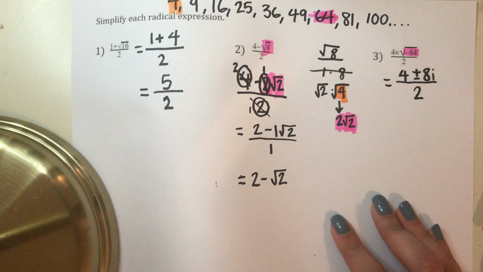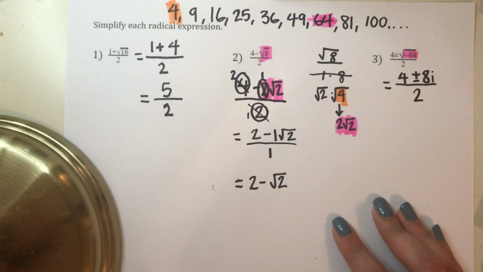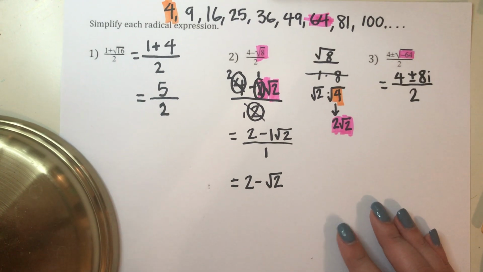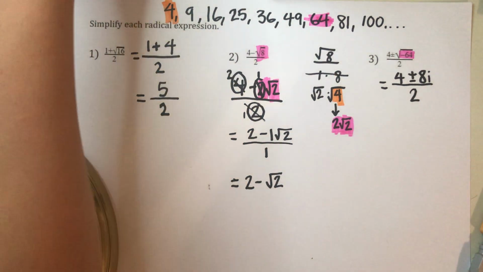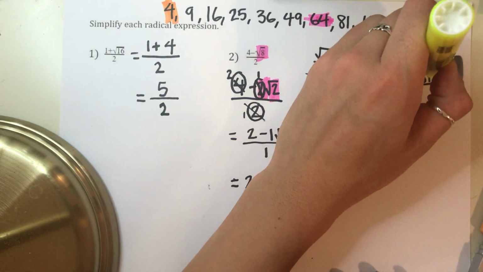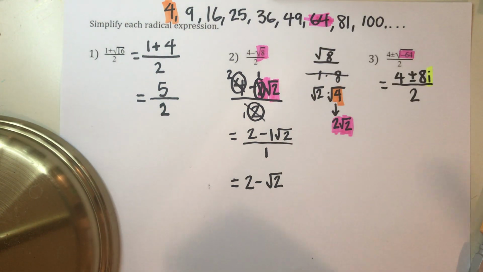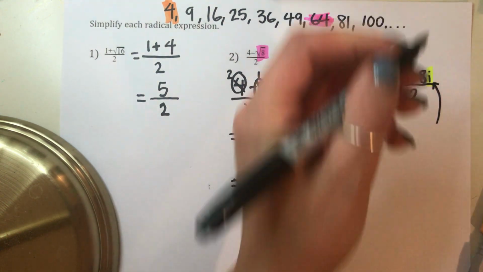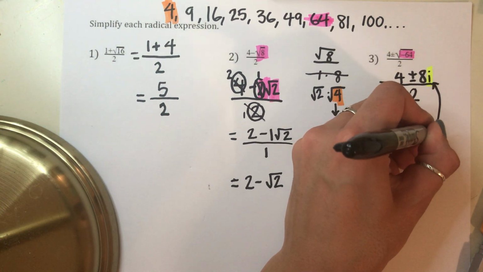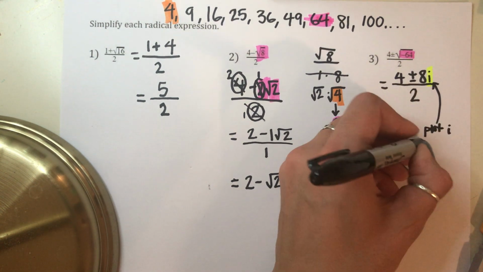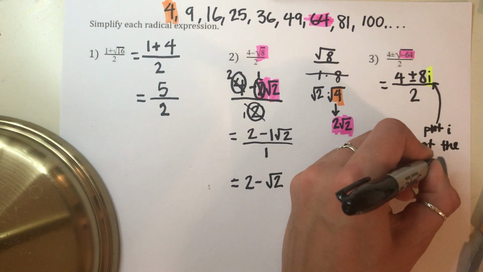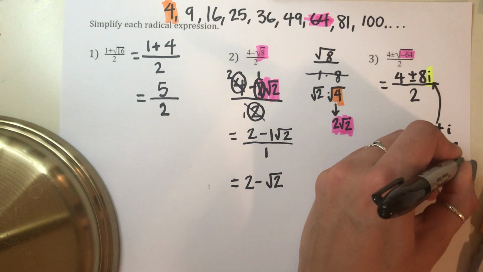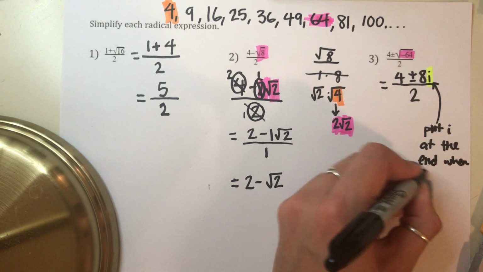And if this was my practice test that I'm going to be using on the actual test, sorry for the shakiness, I would highlight the i and write a little note to myself: put i at the end when negative.